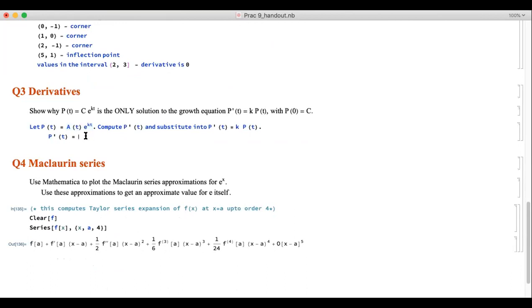Okay, first, we are going to use product rule. So it's a dash t times e to the power kt plus a(t) times the derivative of e to the power kt.